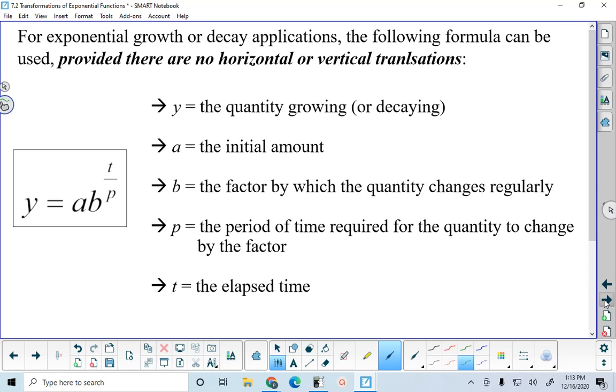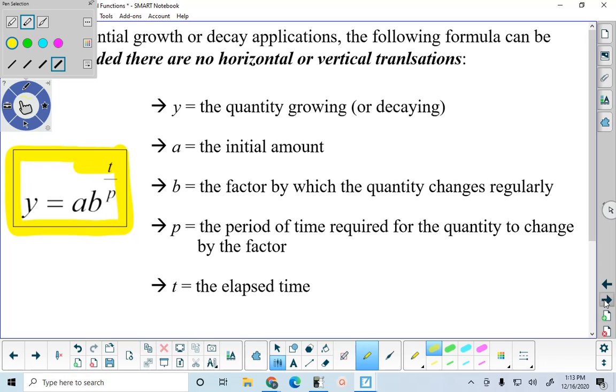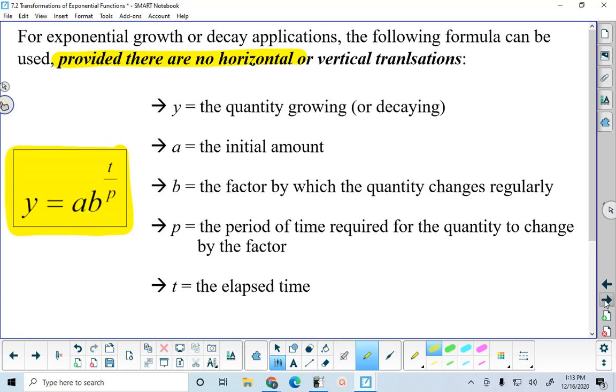On your formula sheet, there is this formula given. And it is an exponential application formula, which is really beautiful for solving exponential growth and decay problems, as long as there is no horizontal or vertical translation.